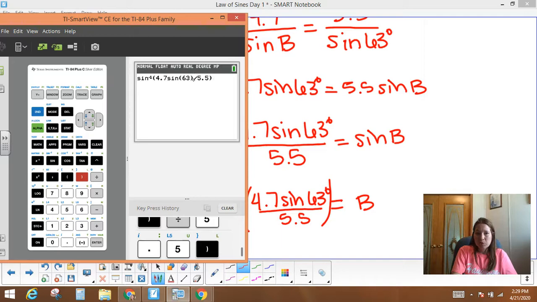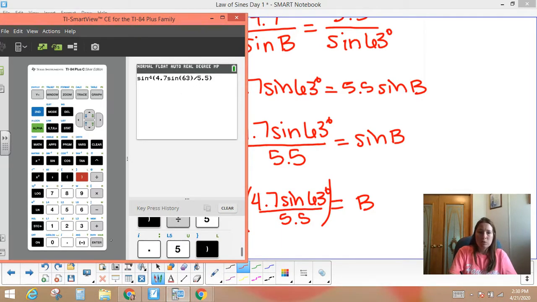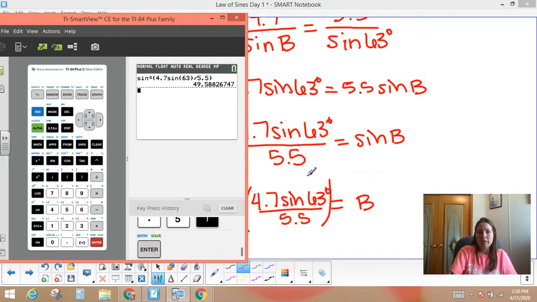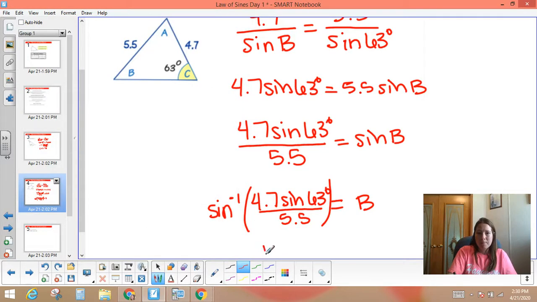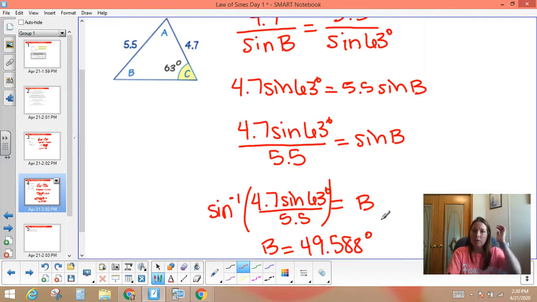Make sure you don't put extra closed parentheses in there. You want it to figure out all of this and then do the inverse sine. So we get 49.588. And that was an angle, so degrees.